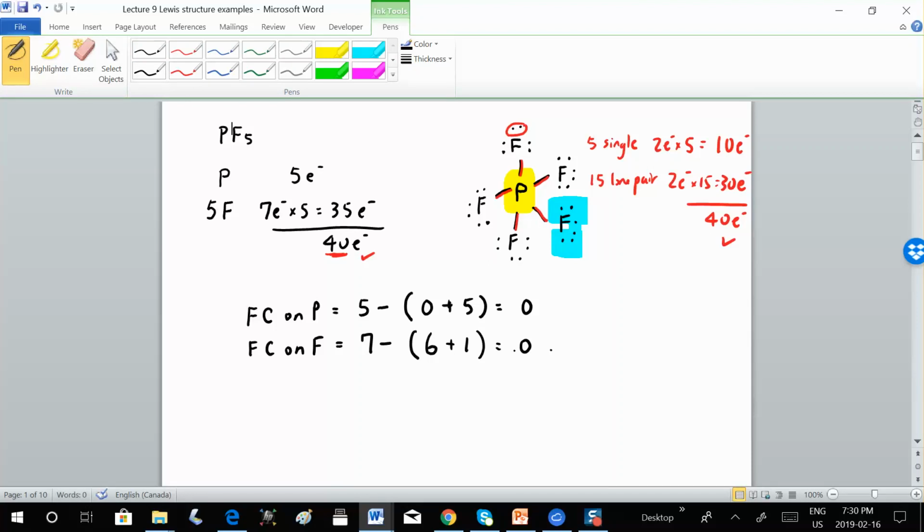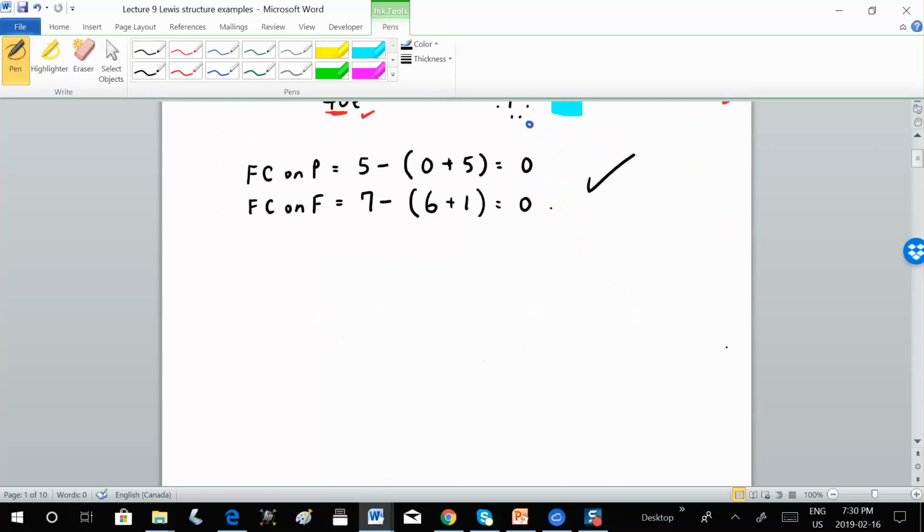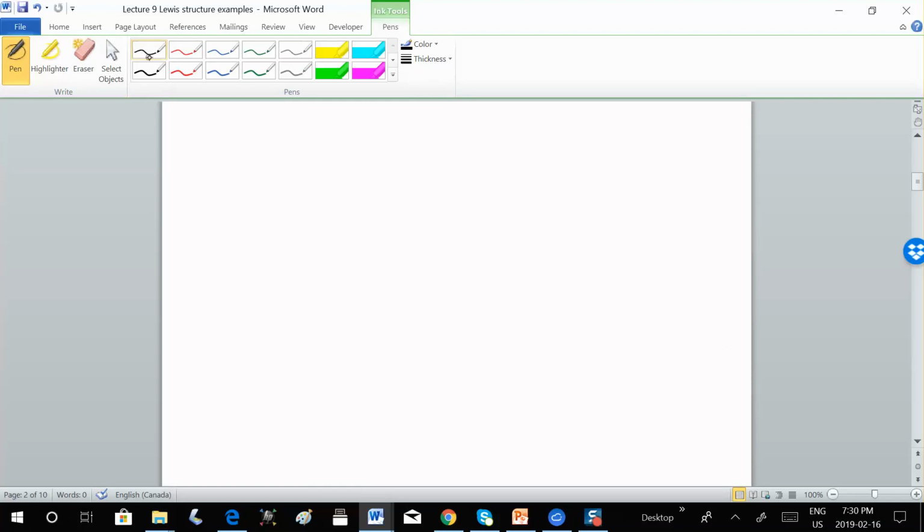So in other words, the formal charges on fluorines are all 0, 0, 0, 0, and 0. So is the formal charge on the central atom phosphorus. So this is an excellent Lewis structure. You want the formal charge to be 0 if at all possible. So this is done. All right, so we're going to move on to the next example, and we have BrF5.